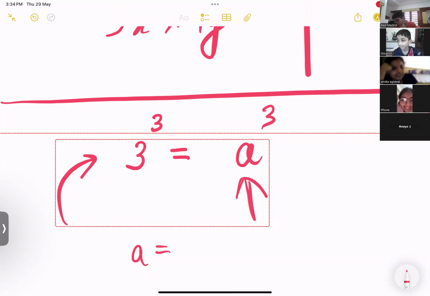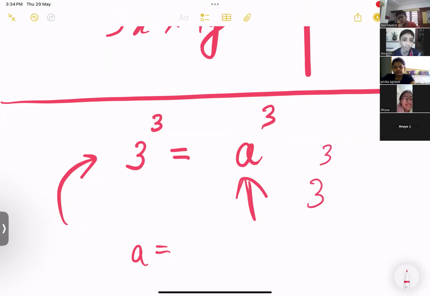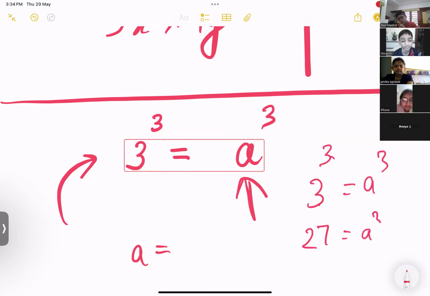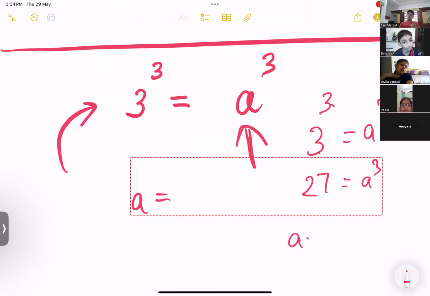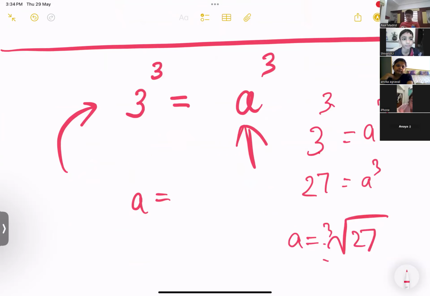A is 3. Now, if I solve it like this, 3 cube becomes 27 and A to the power of 3, if I reverse, cube root हो जाएगा ना? Cube root of 27. So cube root becomes 3. But don't use that much brain.